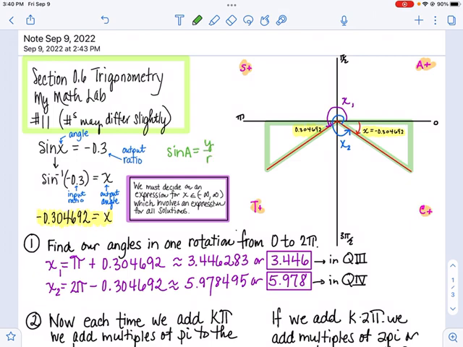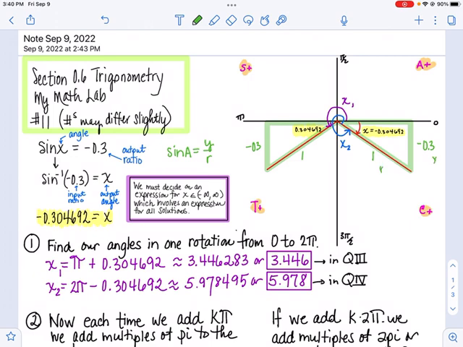So just to get a glimpse of what this would look like, it would be negative 0.3 for that side of the triangle, and then the radius is, of course, 1. I could say r is equal to 1 there. So you see that you have that y over r ratio.